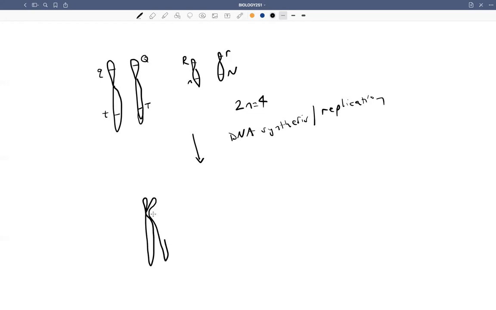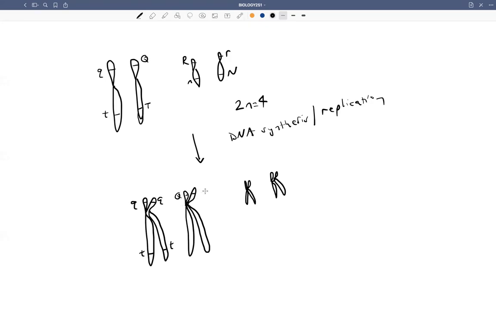by copying a chromosome, we get the same genes with the same alleles in every resulting chromosome. So if we had little q and little t chromosome, then on this same chromosome after replication, it would copy and produce little q and little t.